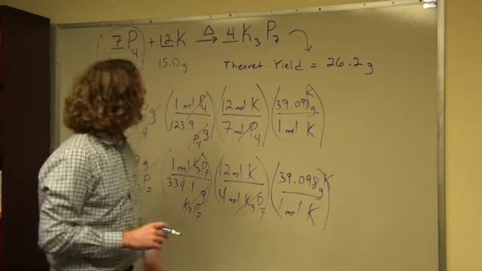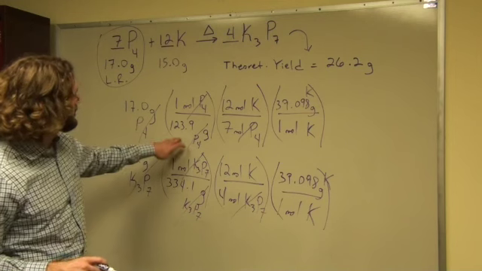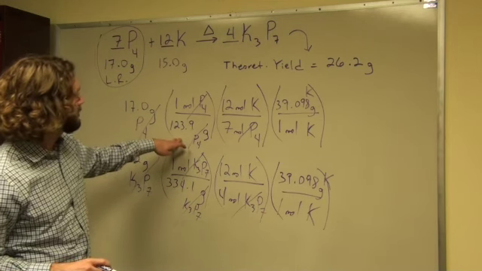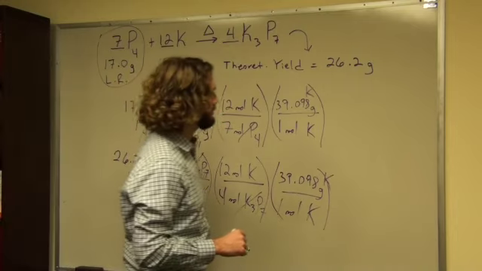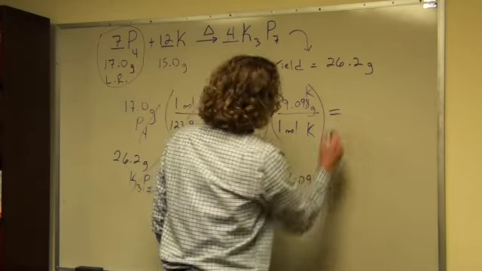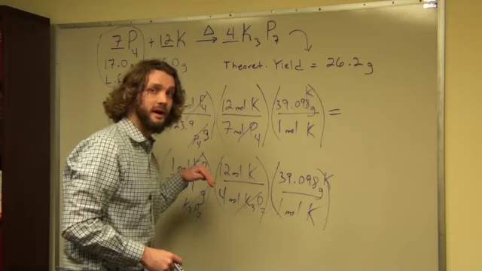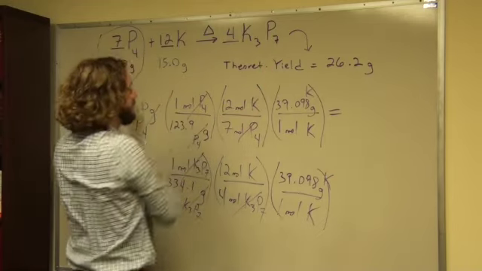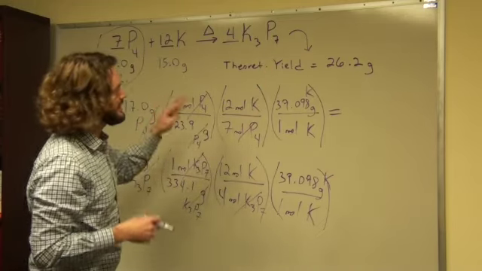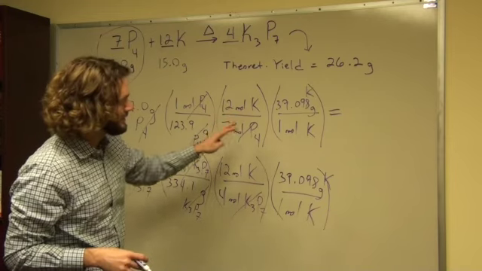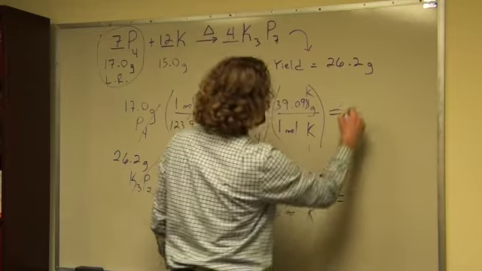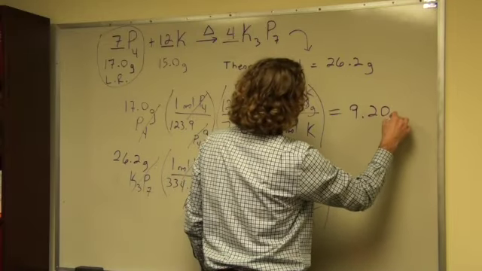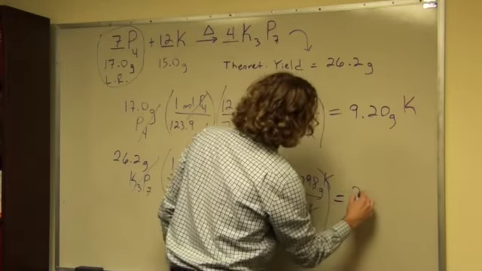If I take 17 divided by the molar mass of P4, which is 123.9, multiply by 12 sevenths, multiply by 39.098, what I get should match if we've done this correctly, right? We're just going about it from two different approaches. To get that stoichiometric amount of potassium, these two should match no matter which direction we took. And when you crunch these, I get 9.20 grams of potassium in each case.